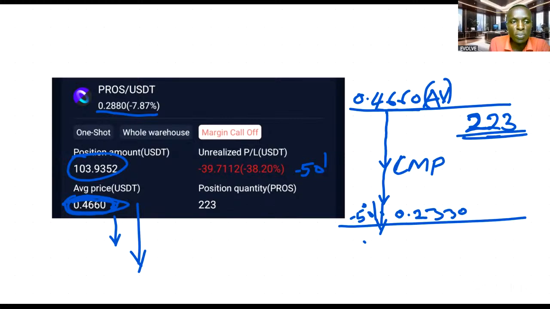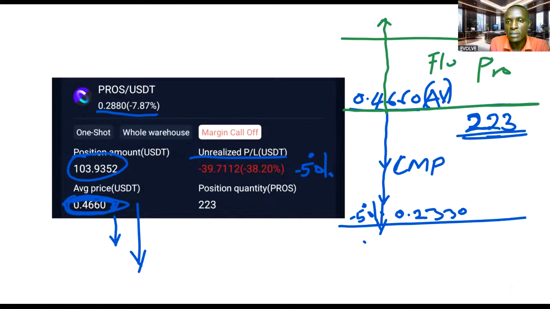This is going to be the same scenario if the market is moving upward. So if the market goes up, if the market goes above your average price, you are in profit. You are in floating profit.